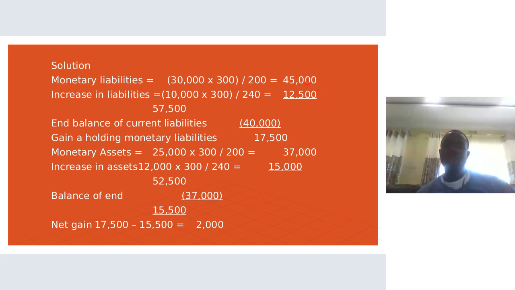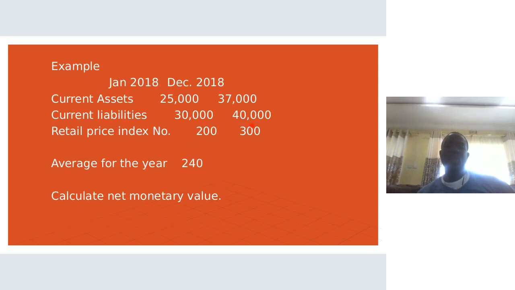Now if we add 45,000 to 12,500, the sum there is 57,500. And remember that the ending balance of current liabilities here is 40,000.